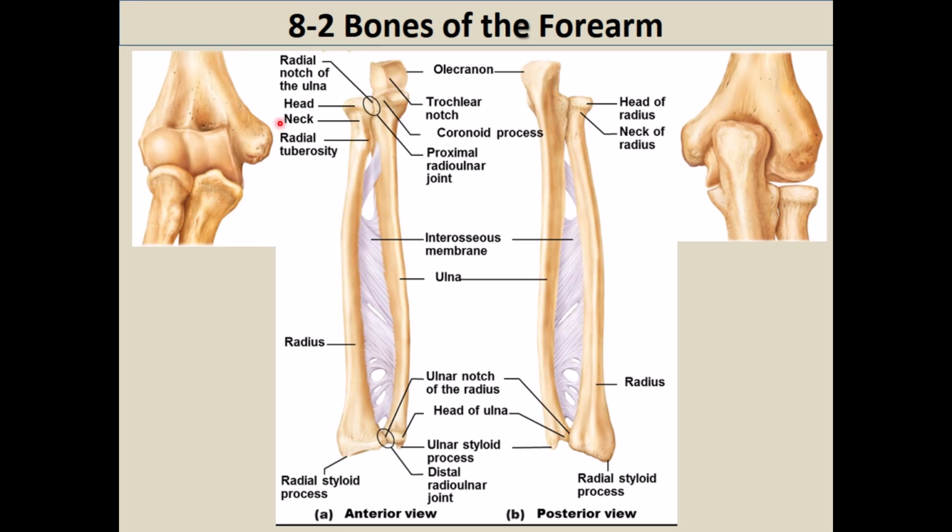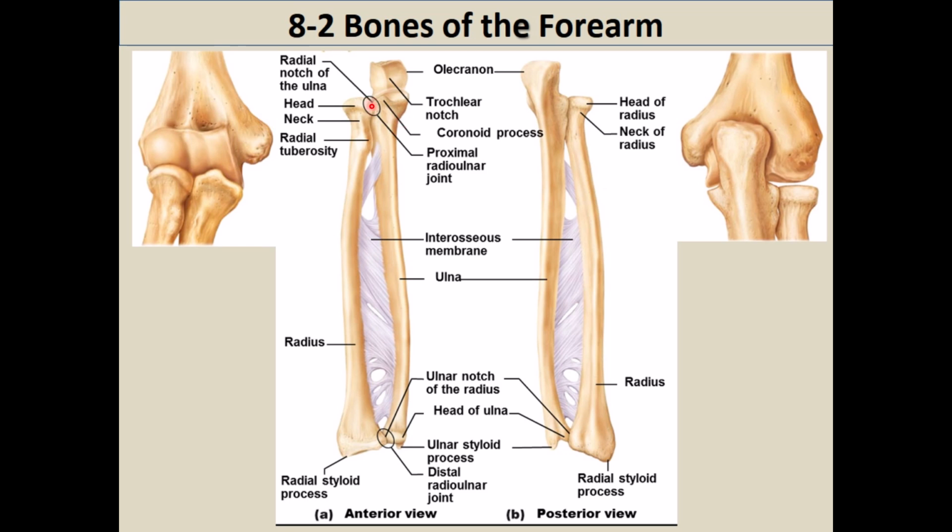So this area goes to here, especially when you flex your elbow. This is the coronoid process of the ulna. And as I said before, when you flex your elbow, it goes here in the coronoid fossa of the humerus.